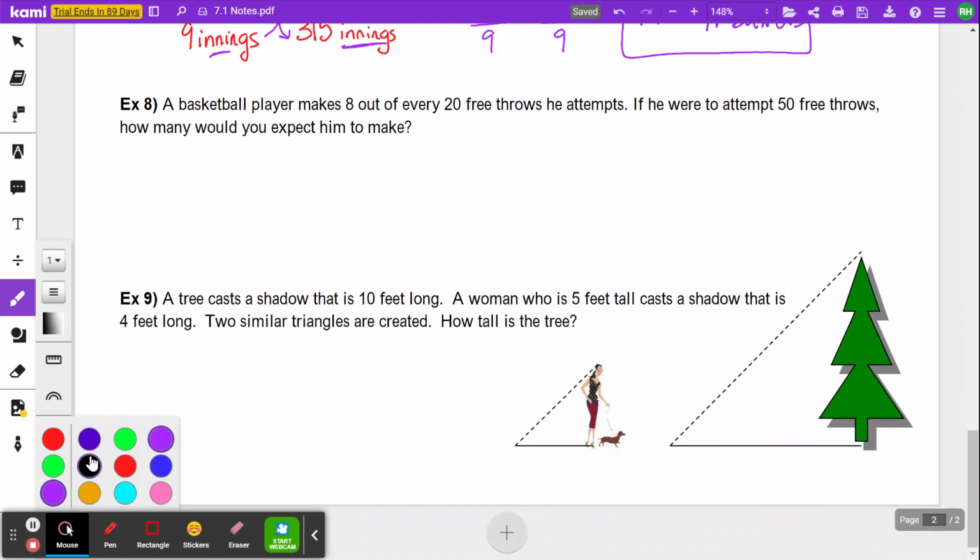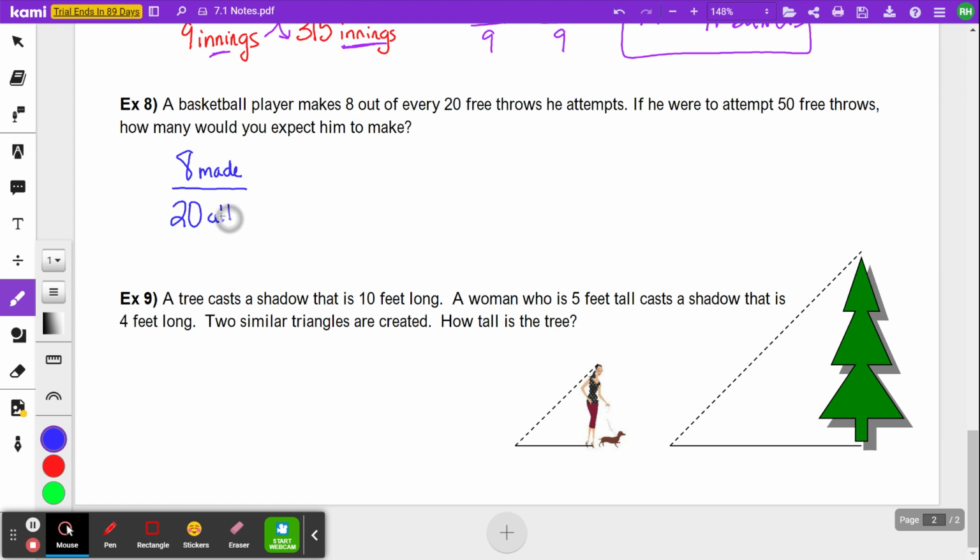Number 8, we have a basketball player who makes 8 out of every 20 free throws that he attempts. Okay? So 8 is what he makes. 20 is how many he attempts. All right? So what we want to know is if he were to attempt 50. So made over attempt means 50 goes in the bottom. 50 attempts, right?